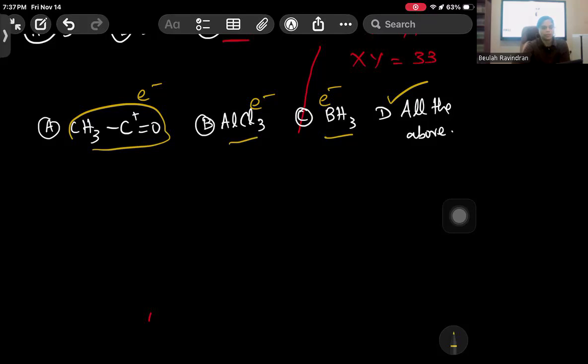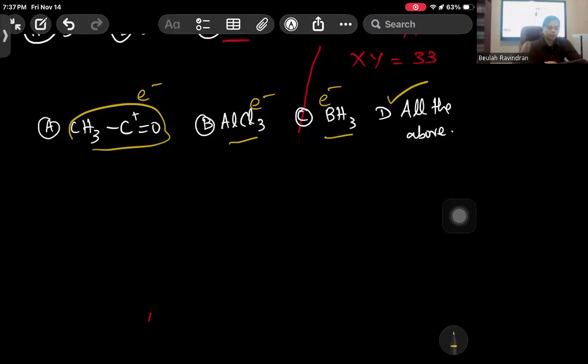That is based on the tendency of donating electrons. From left to right across a period of the periodic table, electronegativity increases. If the electronegativity increases, the tendency to donate electrons decreases. This is the basic idea we have to take.